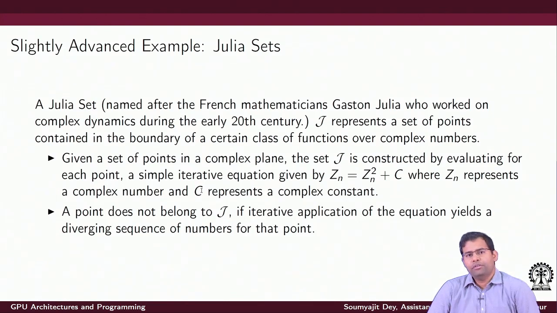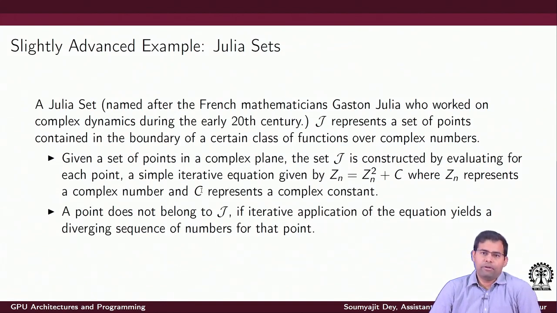So, J n is iteratively computed using the previous value of J n being squared plus a constant complex constant C being added, and if a point does not belong to the Julia set, then the iterative application of the equation will yield a diverging sequence of numbers for that point.